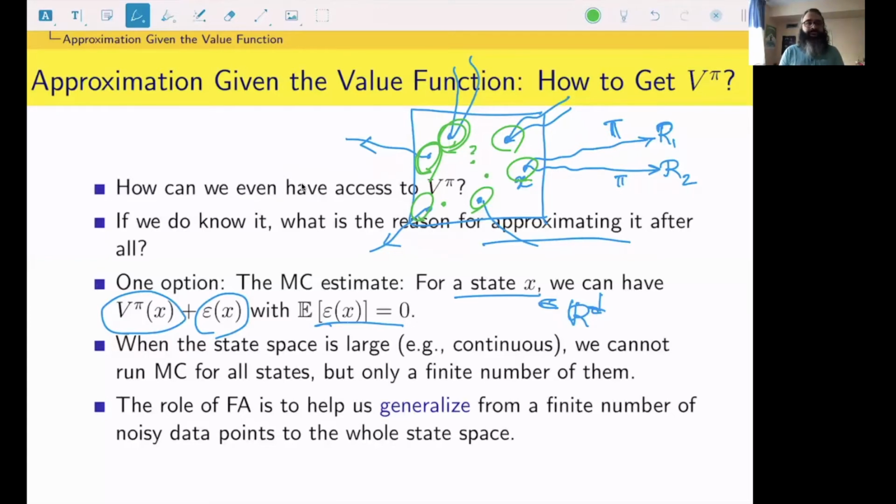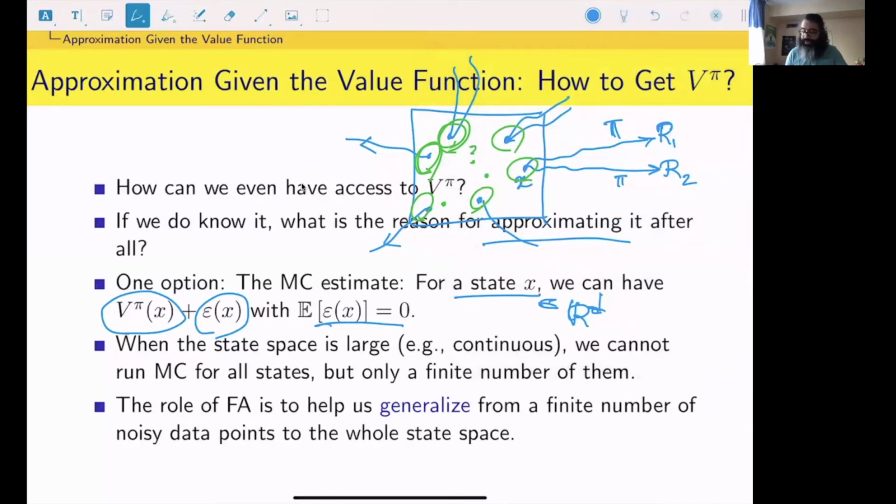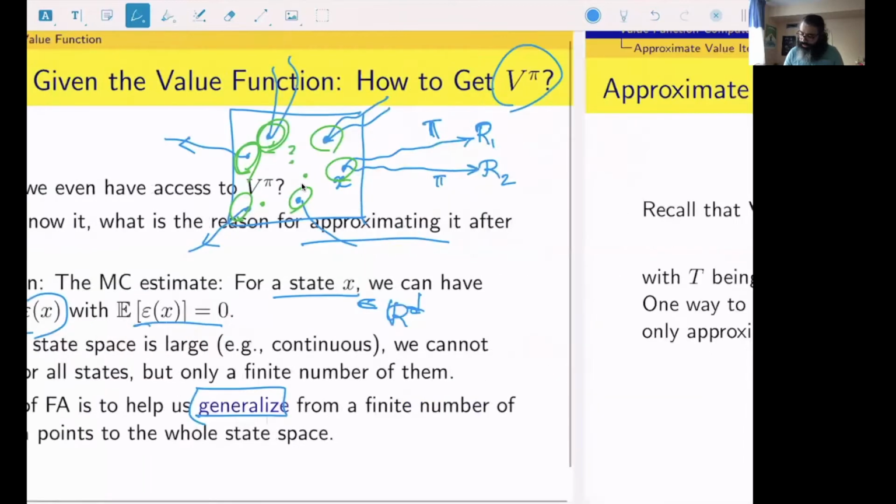Whether this is possible depends on many factors, like whether the function is behaving nicely, whether it is continuous or smooth, or very discontinuous. That's why some problems are easier to learn and some are more difficult. So that's the point here. Even if we don't have V pi, we can find estimates of it at certain points, and we can use the function approximator to generalize over the whole state space.